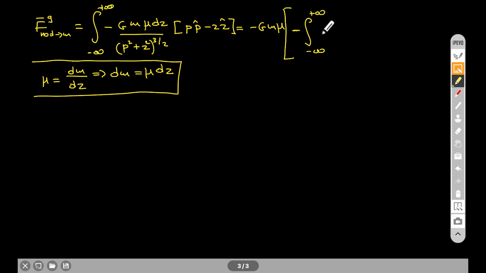So what do we have left? Rho is a constant actually, but I have it only in this component, so it will be the integral of rho dz over rho squared plus z squared to the power of 3 over 2.